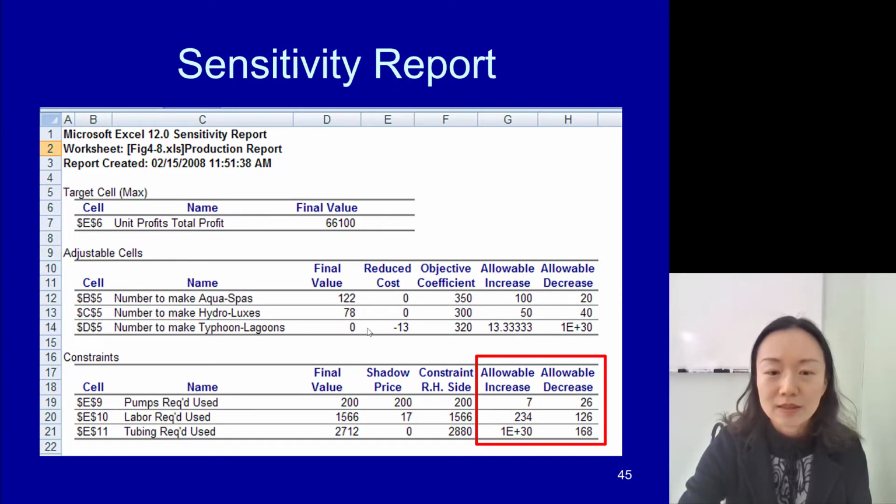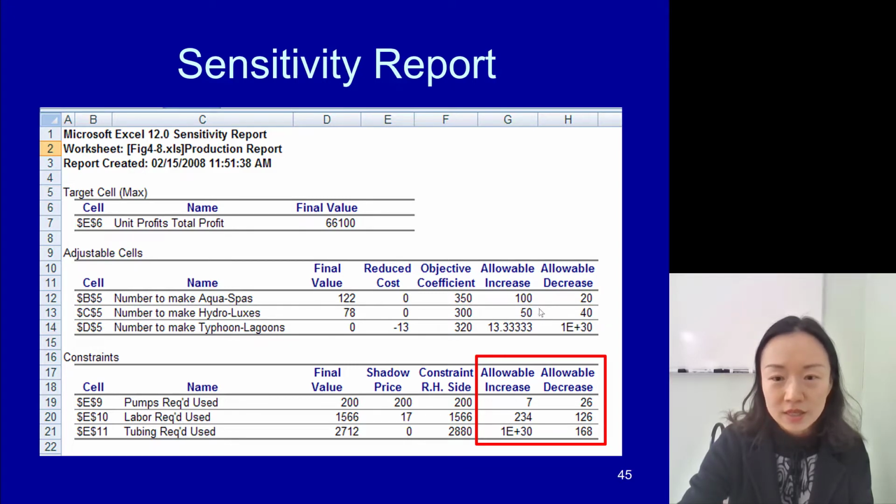Okay, so now the next thing I want to talk about is, in the objective function table, if we have a 0 here, in absence of degeneracy, alternate solutions exist. But what is degeneracy, and how do we know if our problem is degenerate or not?